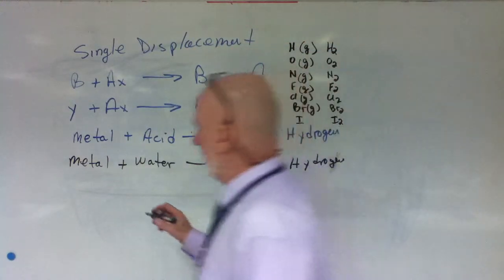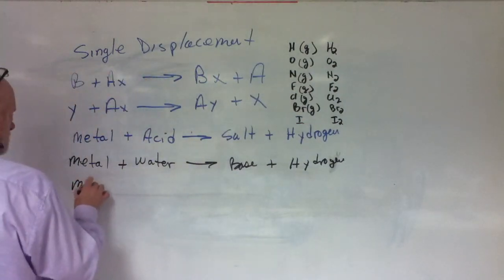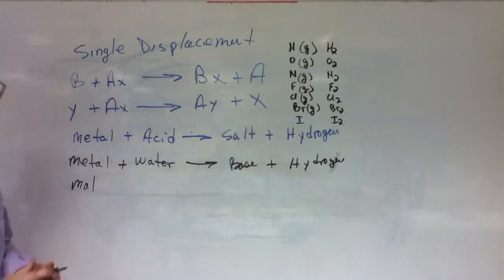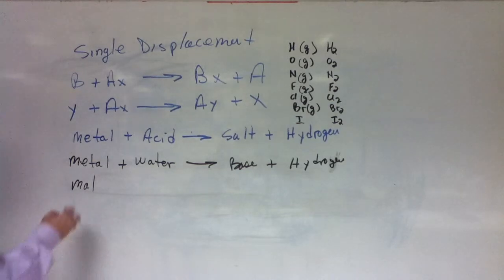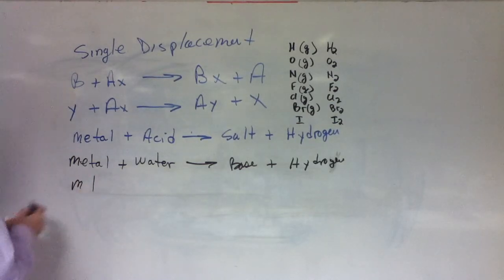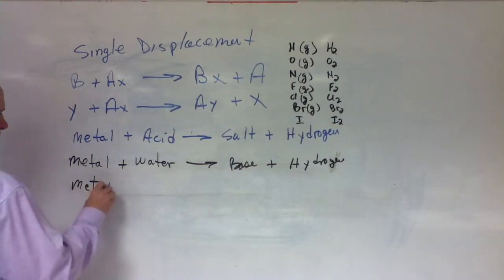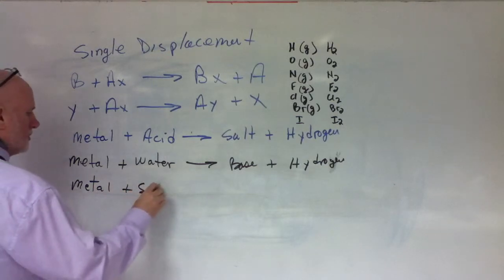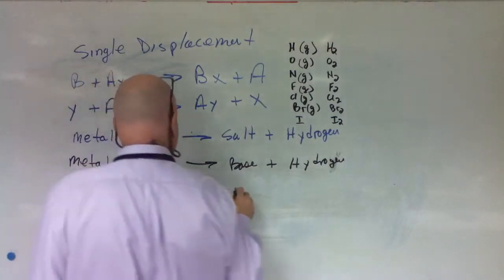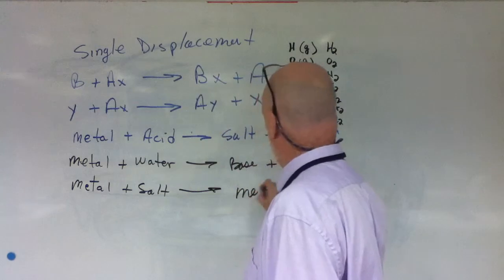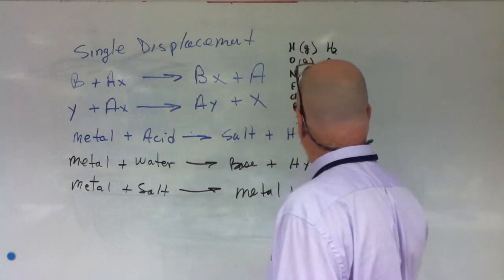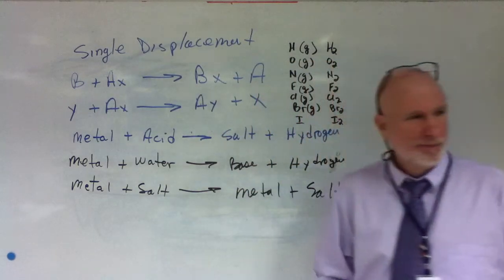And then the other one is a metal plus a salt yields a metal plus a salt. Easy?